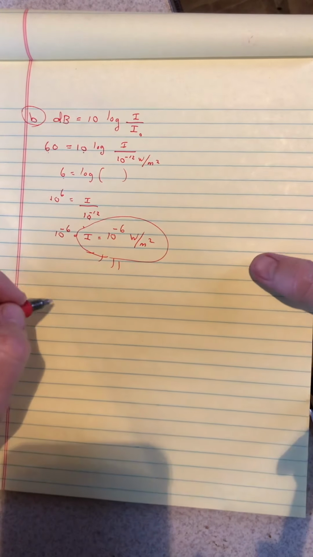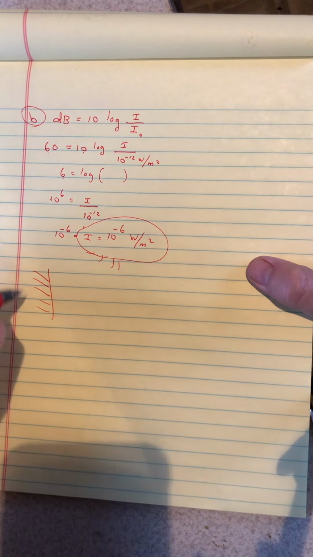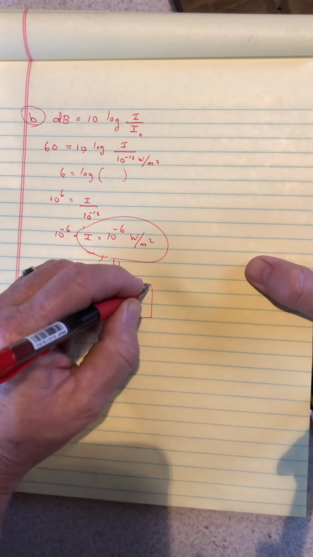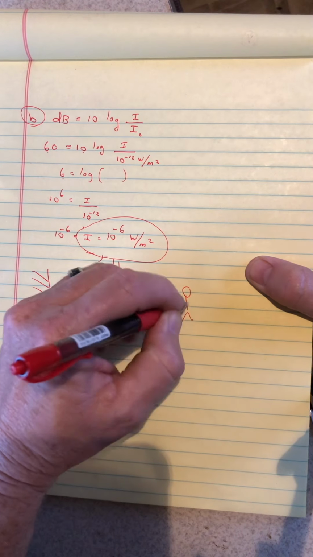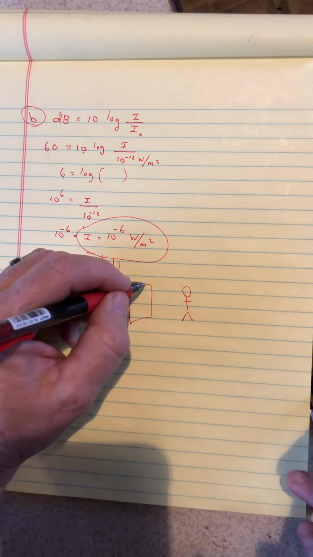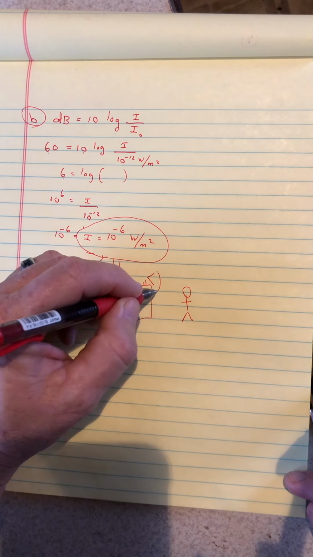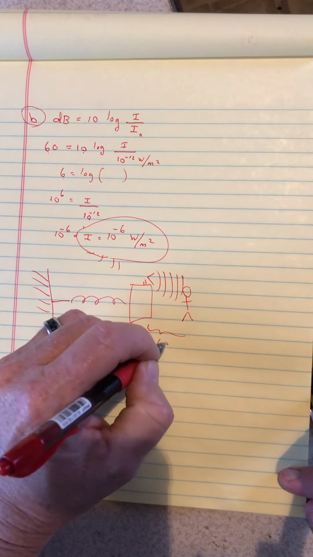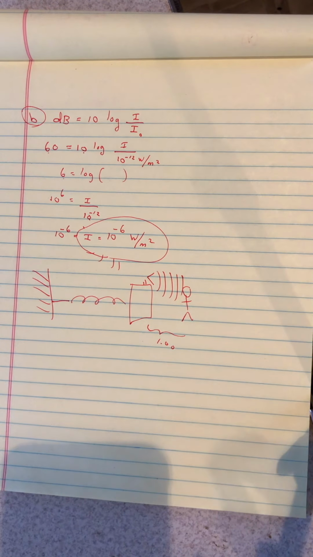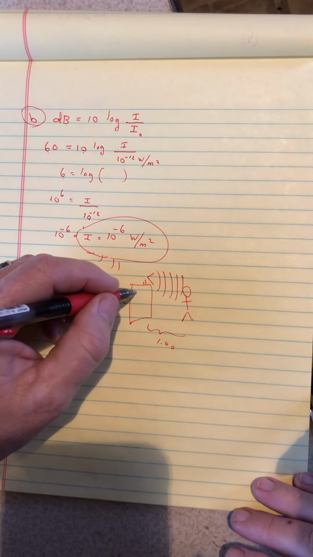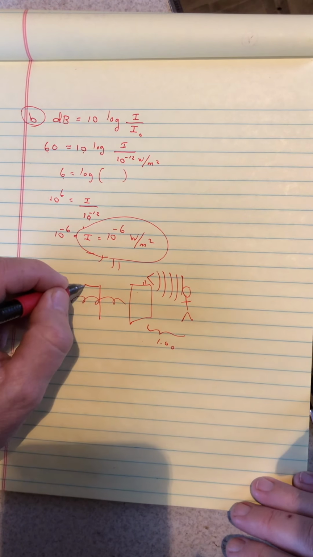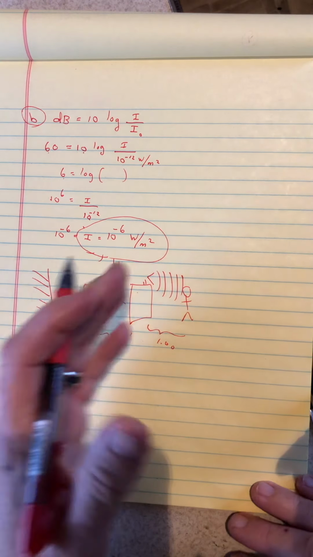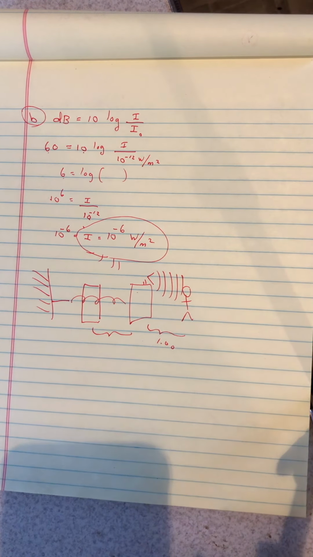To redraw this picture, here's the wall, and when it is stretched the furthest, that's when the observer is going to hear the loudest sound, or the highest sound level, and it's 1 meter away. The minimum sound level is when this speaker moves back to maybe this position in our drawing, which, remember, has an amplitude of a half a meter.